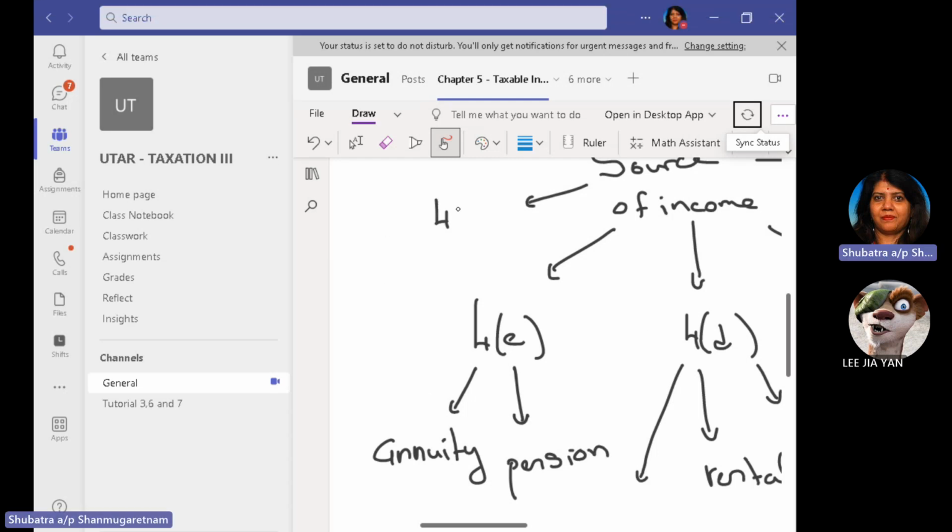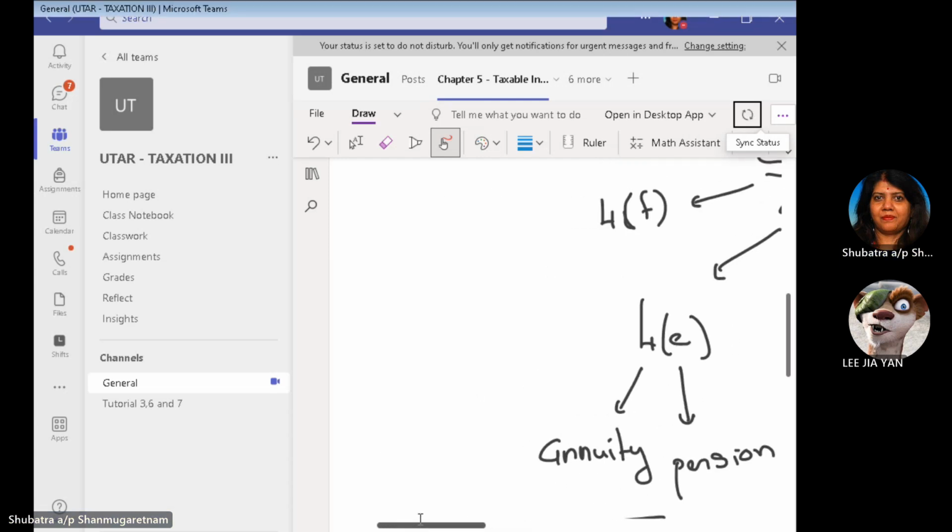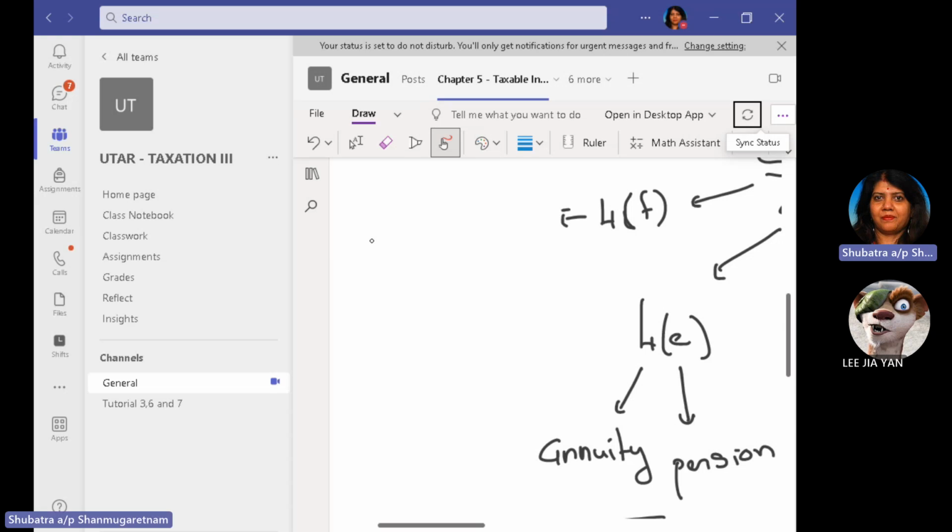And 4F, see, they're very smart. 4F is anything that is not under 4A to 4E. So it's any income. The key word here is income, guys.